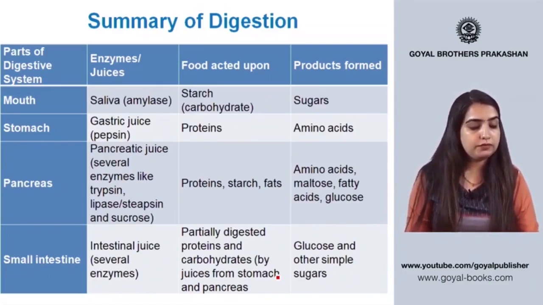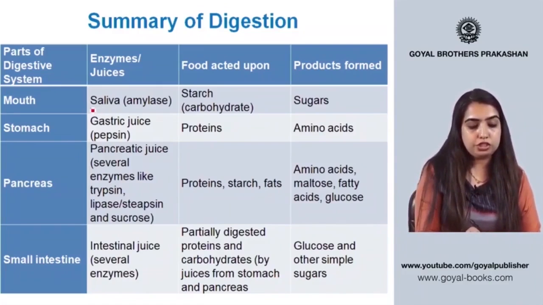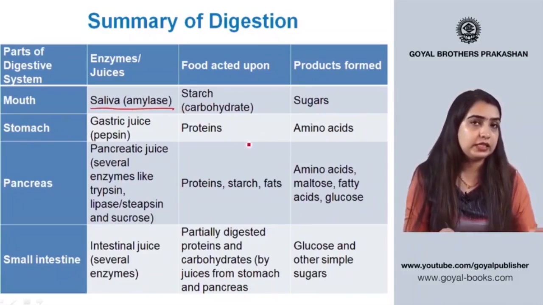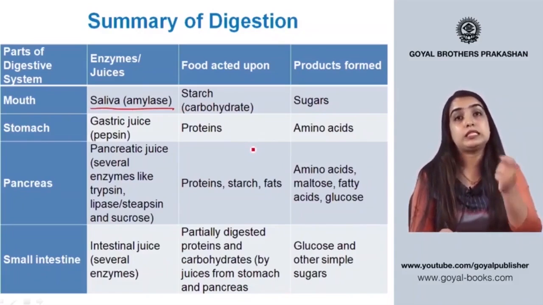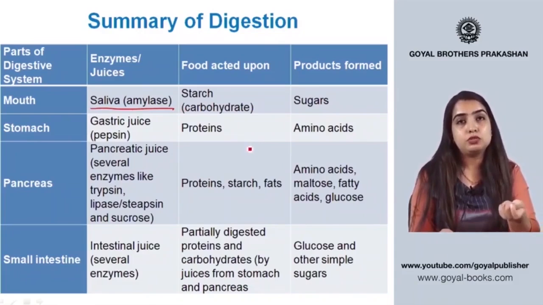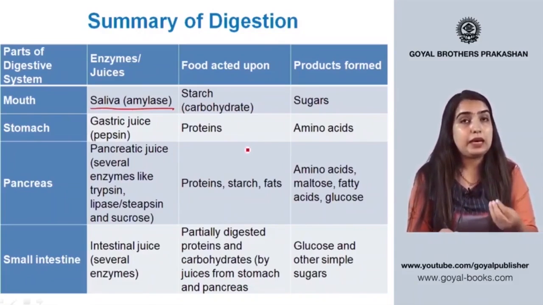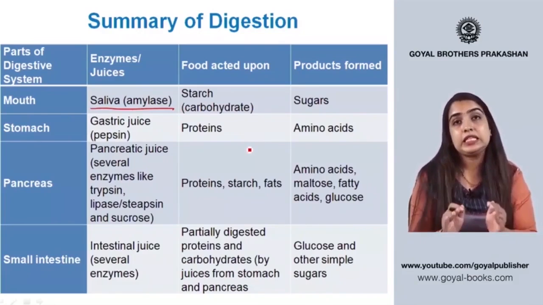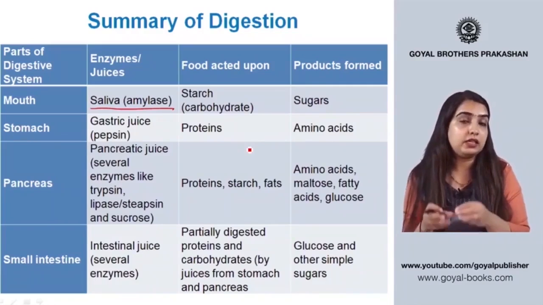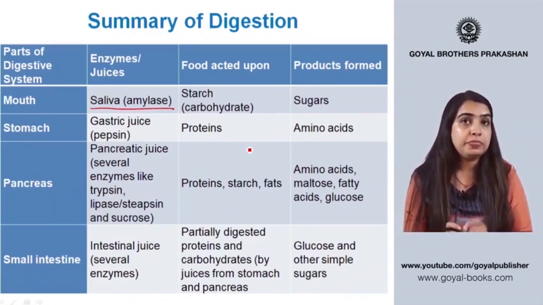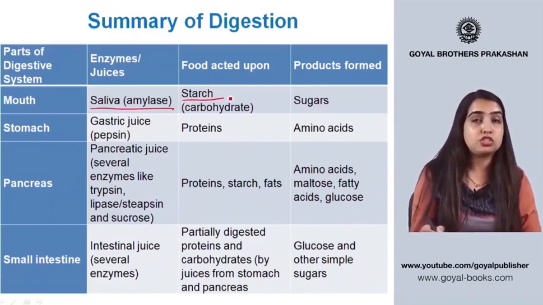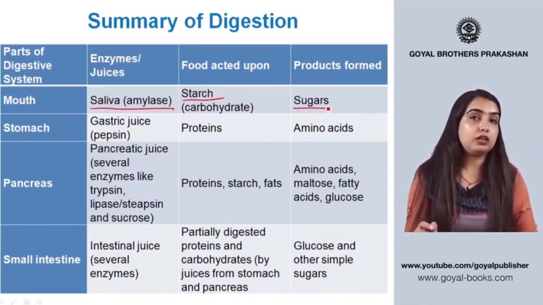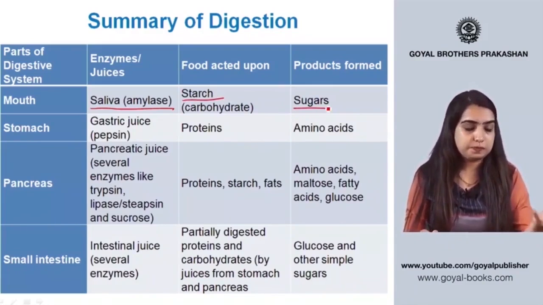So we begin with the mouth, which has amylase in it. The mouth has saliva, which is secreted by salivary glands, and in this saliva is amylase, an enzyme. This enzyme works on starch and converts it into sugars.